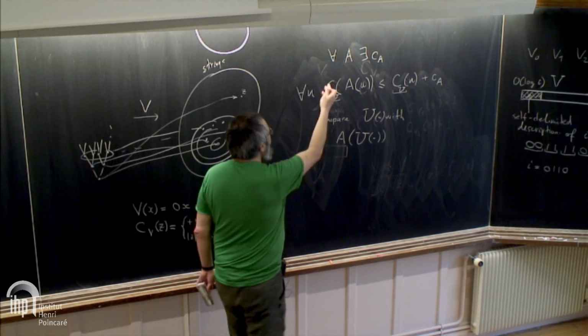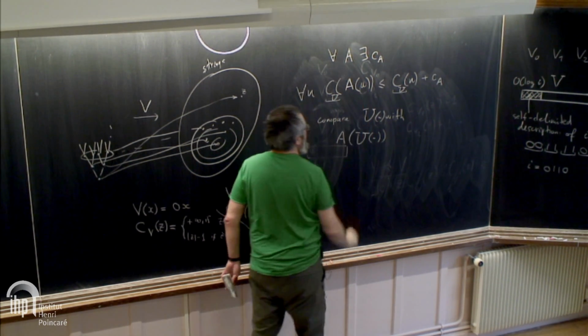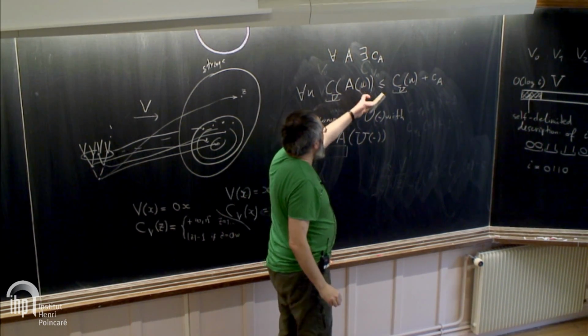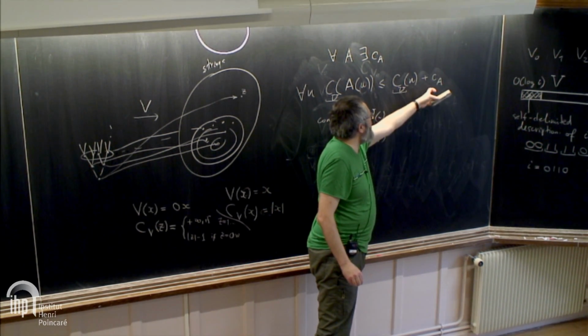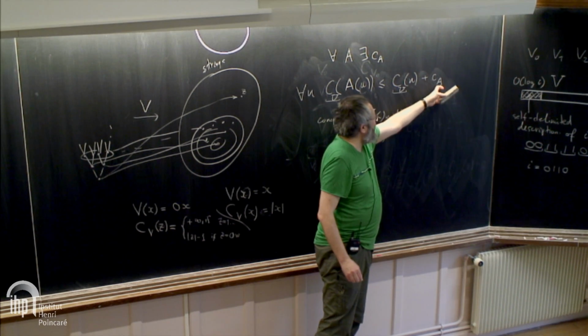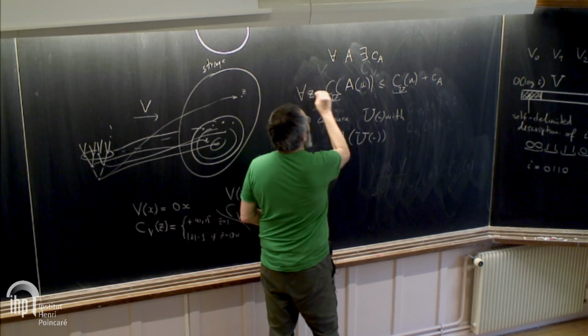Then we take some algorithm and say that this algorithm cannot create new information. So if we apply it to some U, then the complexity may decrease at most by some constant which depends on the algorithm but not on U.